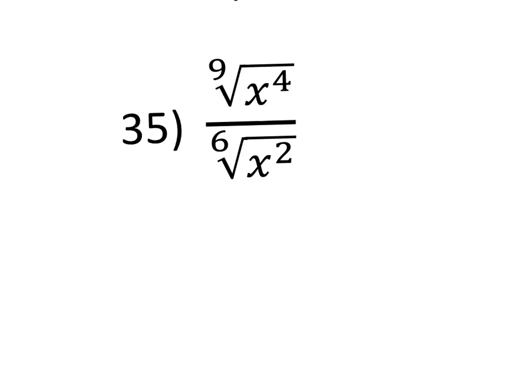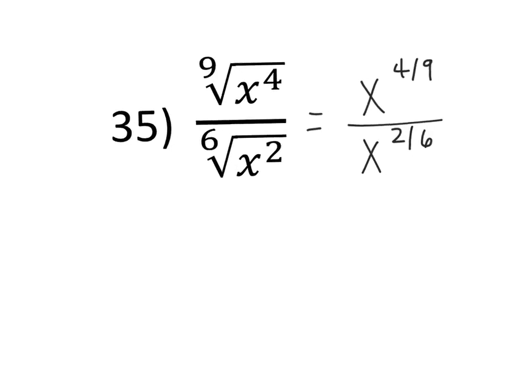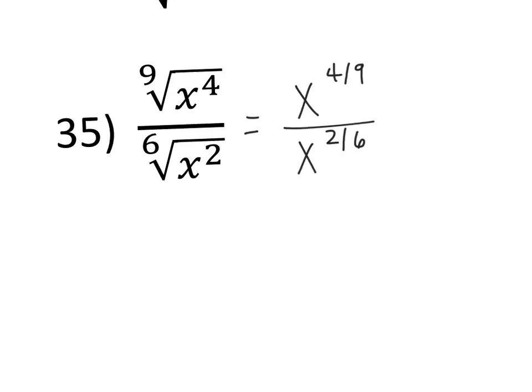And honestly, for 35, this one's actually way easier, because I would write this as x to the 4 over 9 over x to the 2 over 6. And then I would subtract them, which needs a common denominator, but I can reduce that. So this x to the 2/6 is actually x to the 1/3, because 2 over 6 reduces to 1 over 3.